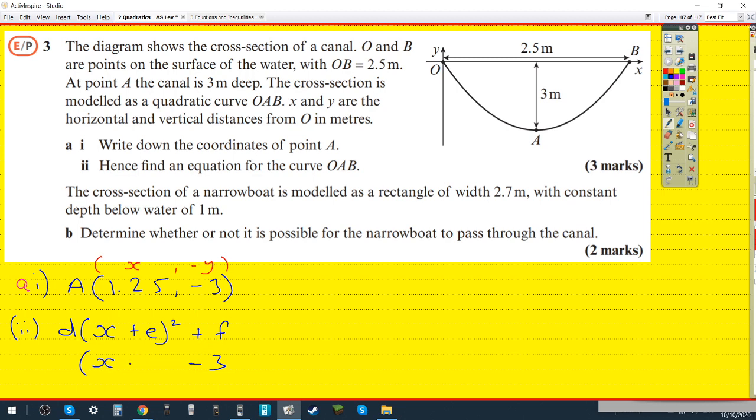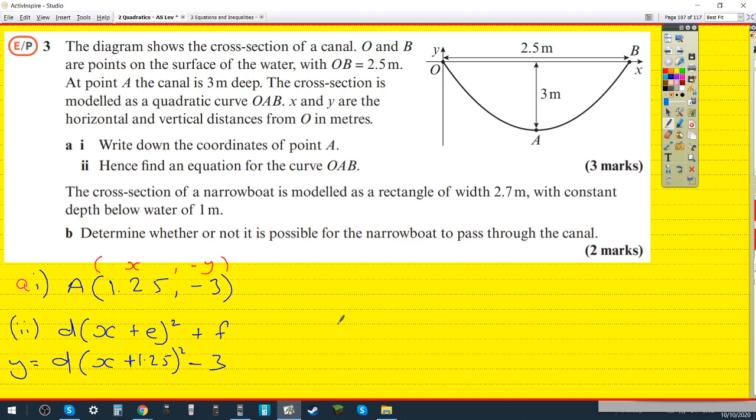x plus 1.25. So now we just need D. How could you get D? Could you work it out? Work it out first.